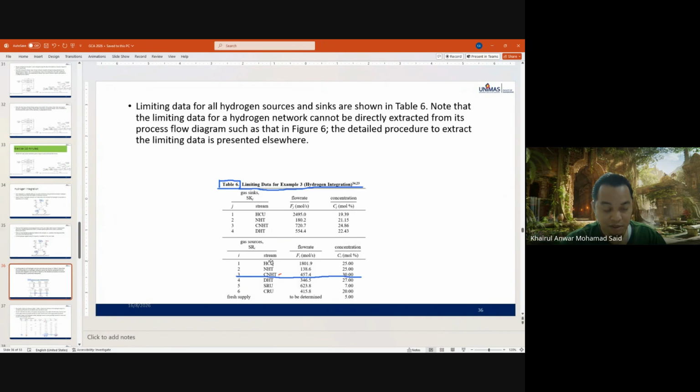There are also sources coming from the processes that consume hydrogen as well, although after the consumption, the concentration of impurities is quite high.